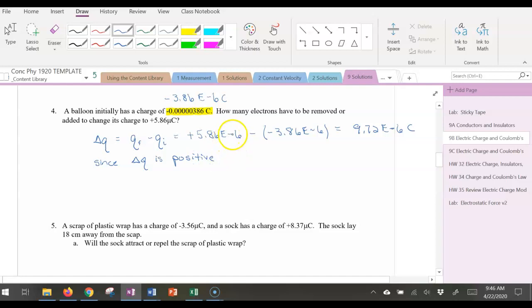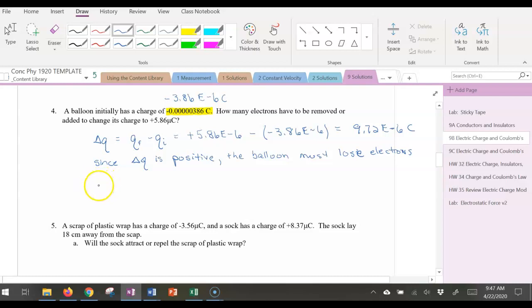It was negatively charged at the beginning, so the balloon must be losing electrons, right? Because every time it gains an electron, its charge becomes a little bit more negative. But this charge is becoming much more positive, so it must be losing electrons somehow.